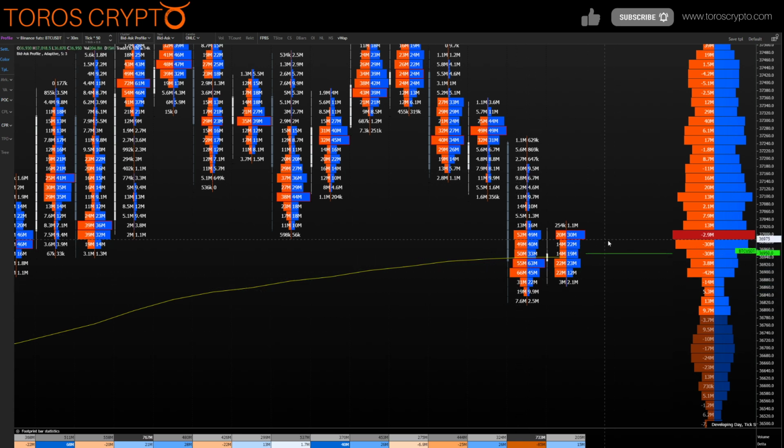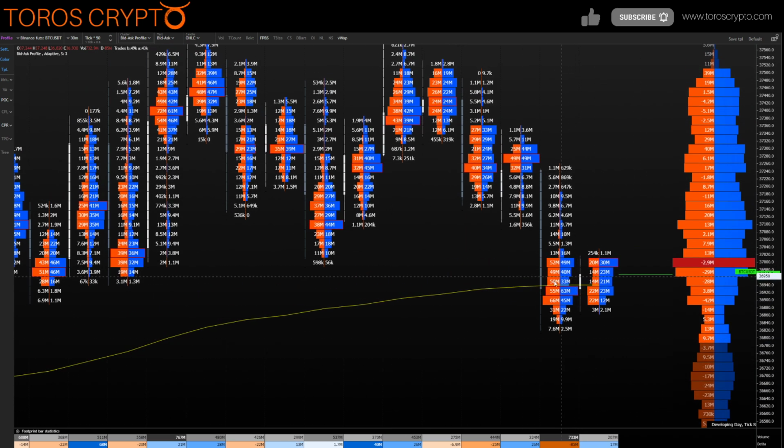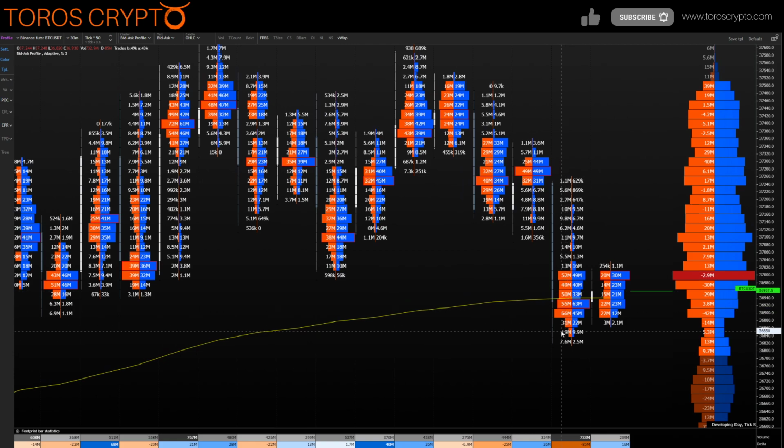So it's another area where you can expect a reaction if price either comes up and gets this move up and then back into it, or comes down and then gets that move back up into it. This isn't the best example, but it's a very recent example of possible trapped traders at the lows on the sell side.